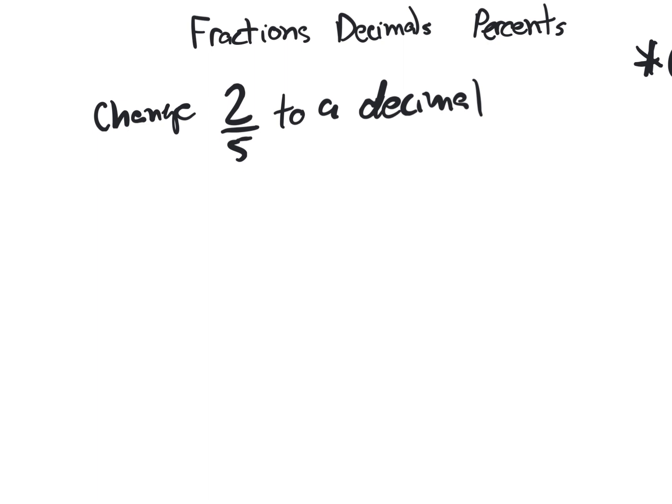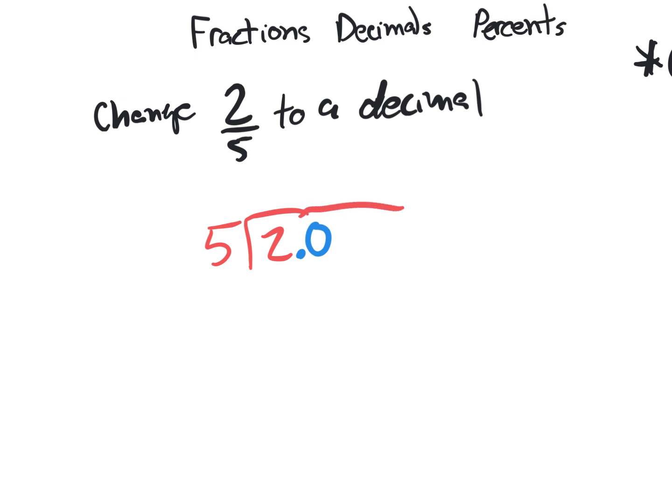It's as easy as this. The top number, the 2, goes inside the division box and it gets divided by 5. So 2/5 is really 2 divided by 5. And you think 5 times what gets you close to 2 without going over? It doesn't work. So that's why we put a decimal here and put a 0 there so it looks like 20.